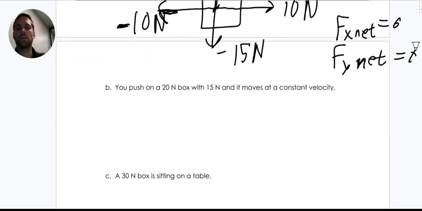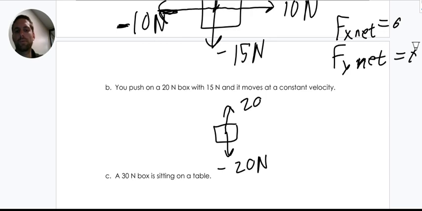All right, if this is a 20 newton box, and it's pushed to the right 15, or we'll assume it's the right, and it has a constant velocity. That's that definition again.